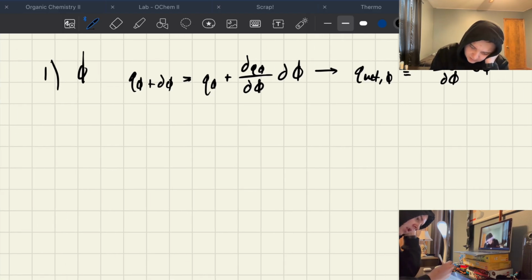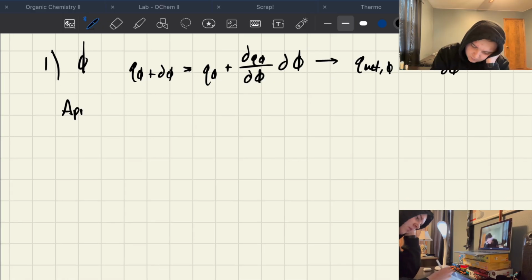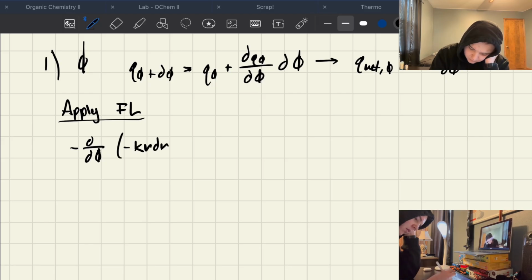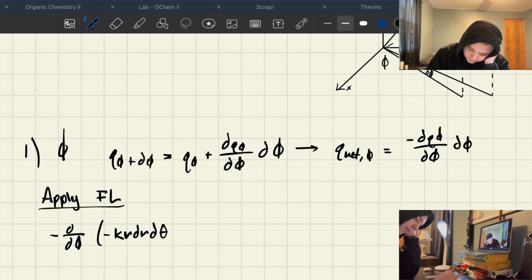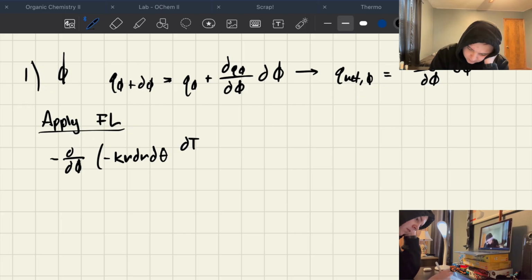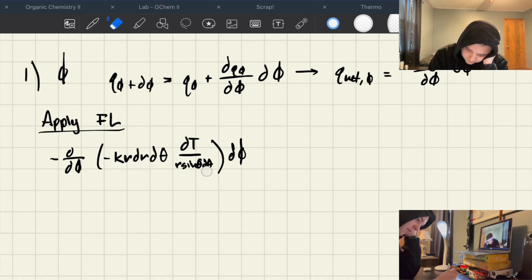And then we can go on and apply Fourier's law. I'm just going to write FL.